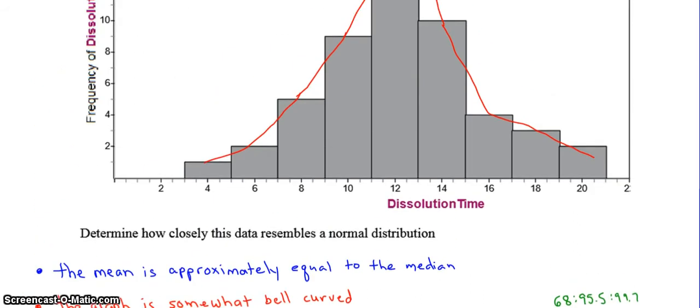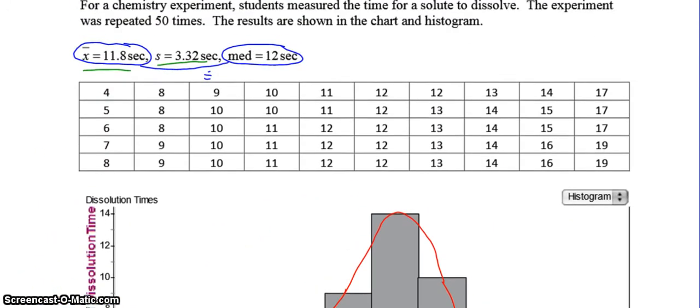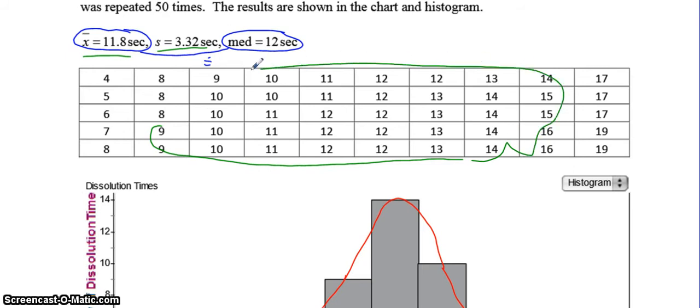If we went up here and counted all the numbers between 8.48 and 15.12, you would get all of these numbers right here. And there are 35 of them.